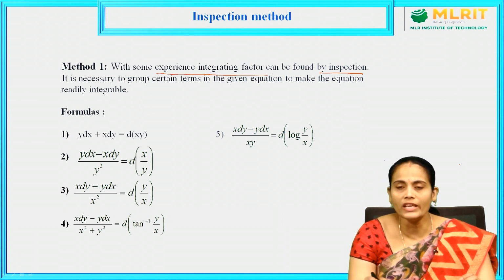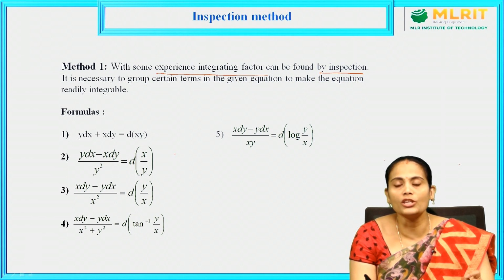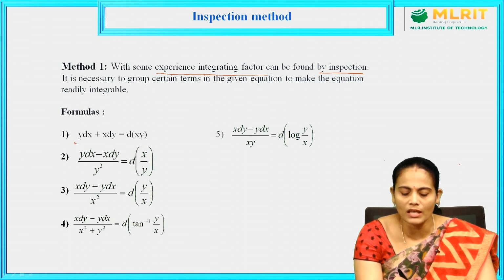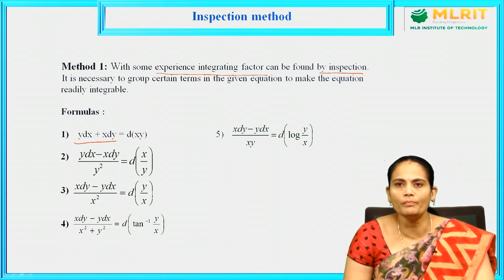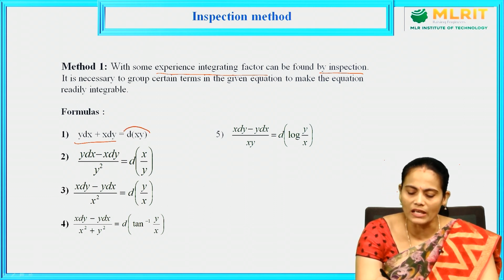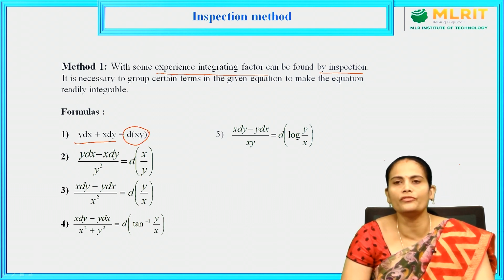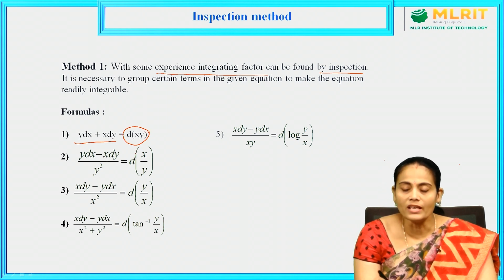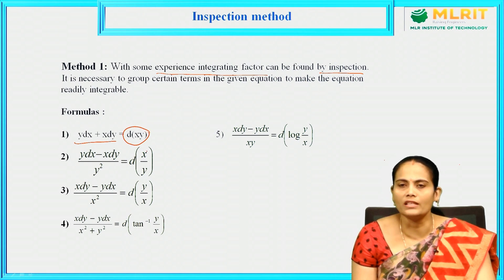The following differentials we use in the inspection method. The first differential form: if the equation is of the form y dx plus x dy, directly we can write that as the derivative of xy. Later we can do the integration and we will get the solution of the equation.